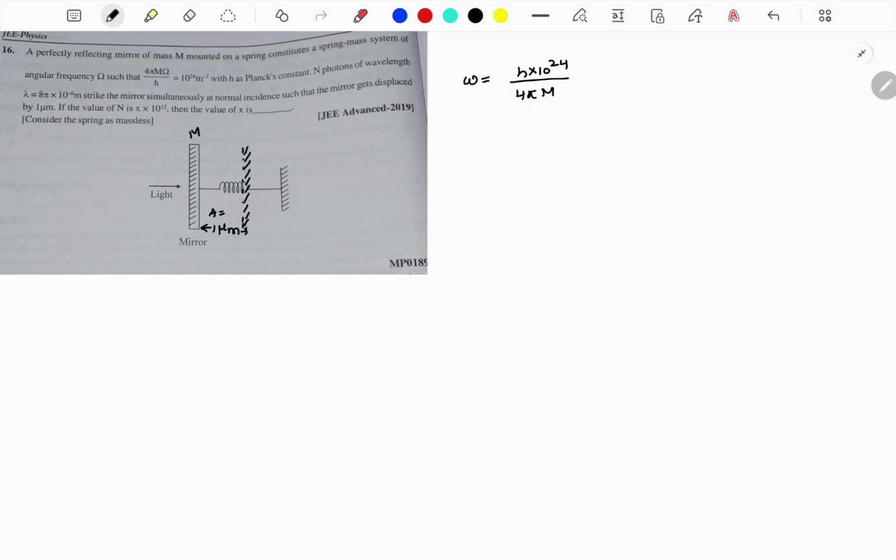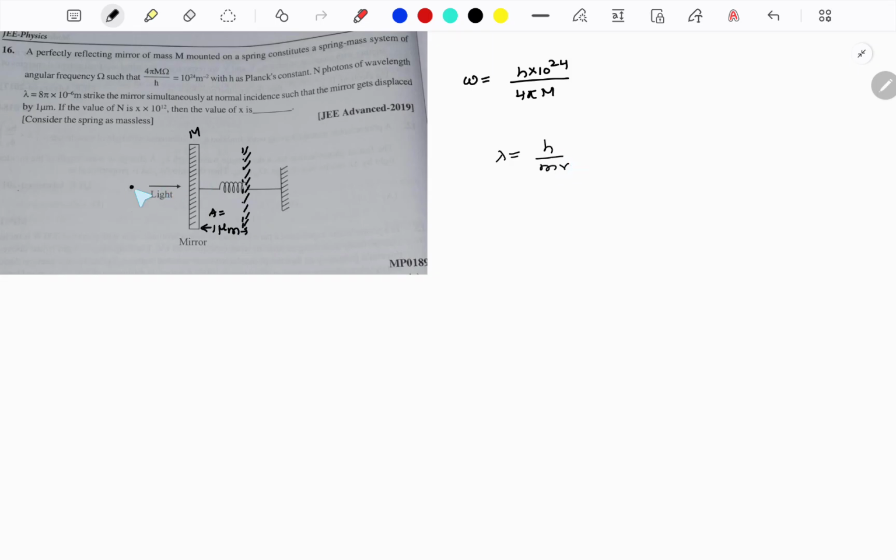Because the photons are given and their wavelength is given to me, I can use, for one photon, lambda is equal to h by mv.